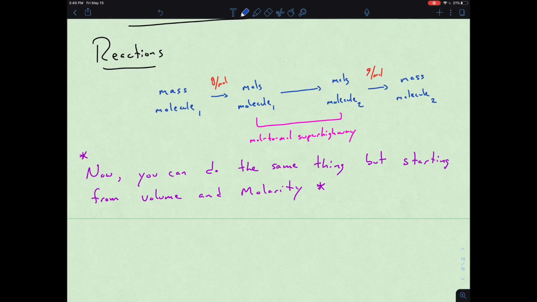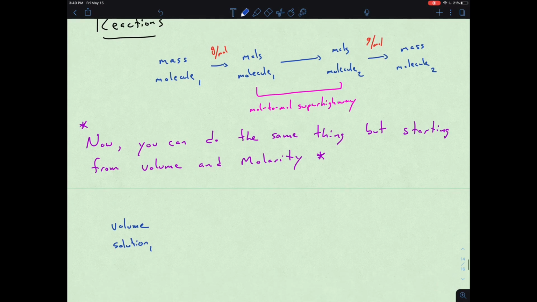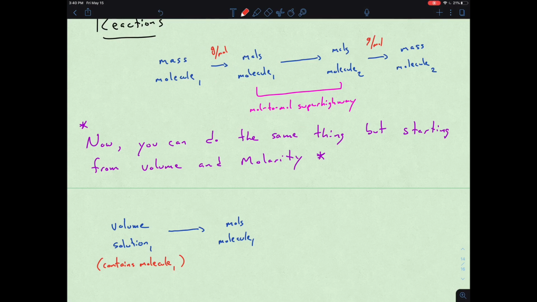That we're now starting with the volume of solution 1, right? And solution 1 contains our molecule 1. And we can do the same thing. We can get to moles of that molecule 1, now using our idea of molarity, right?